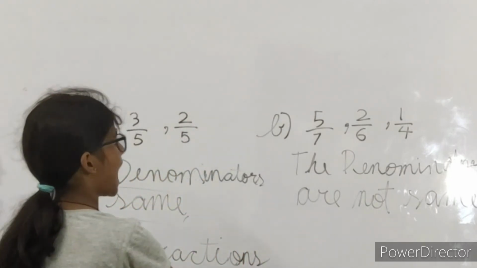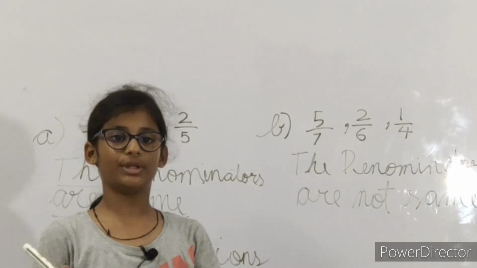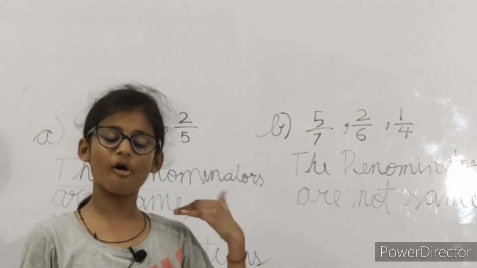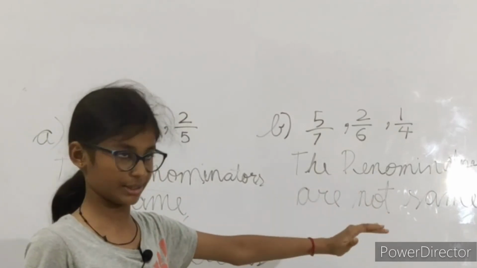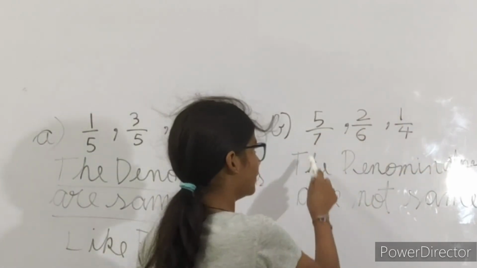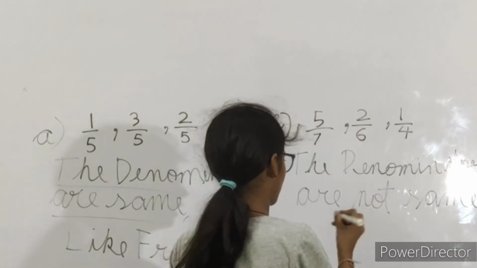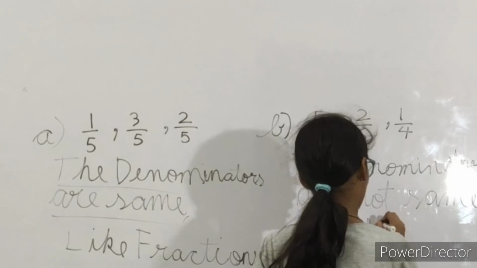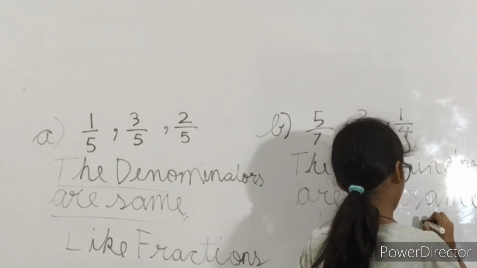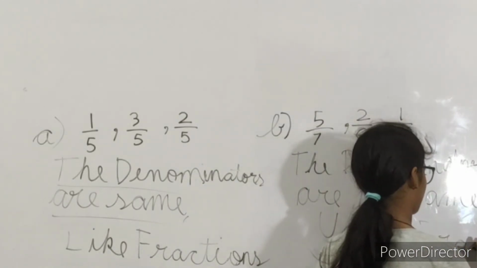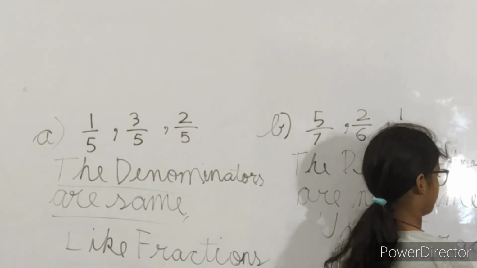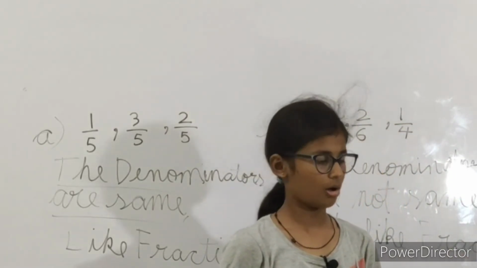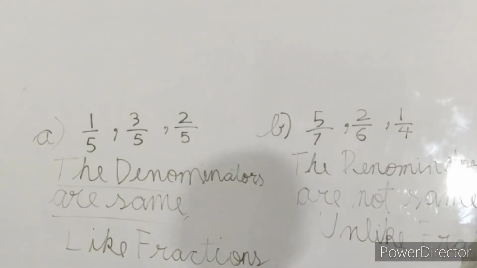And if the denominators of the fractions are not same, then this group of numbers is called unlike fractions. I'll not read everything again and again.